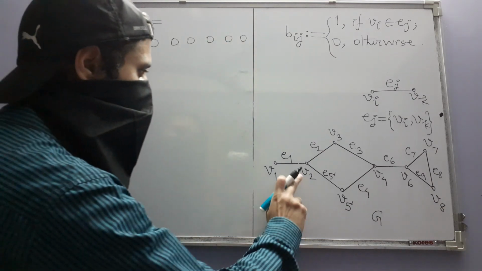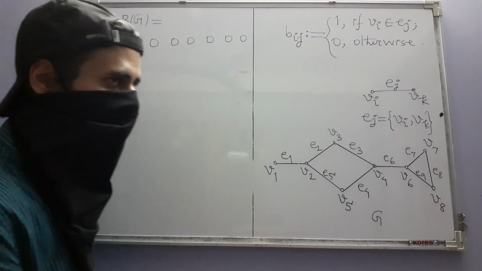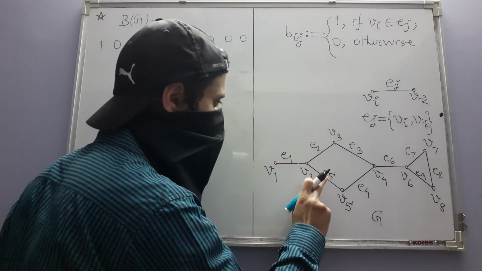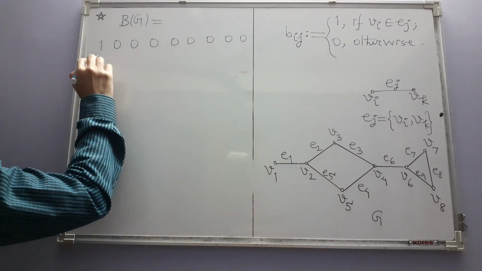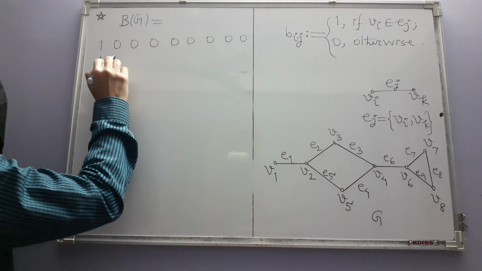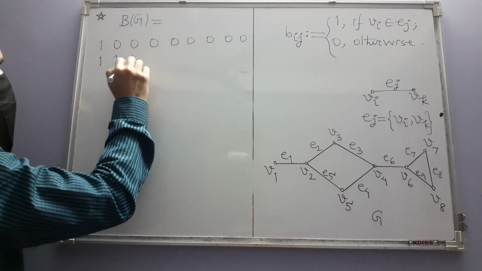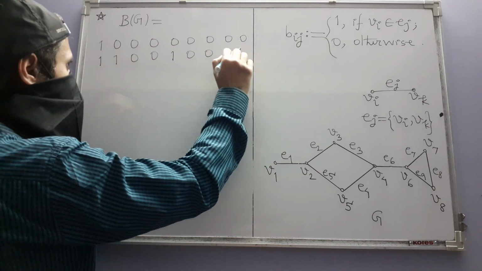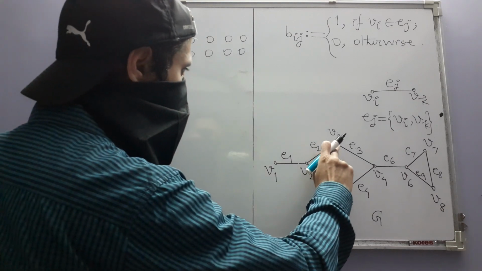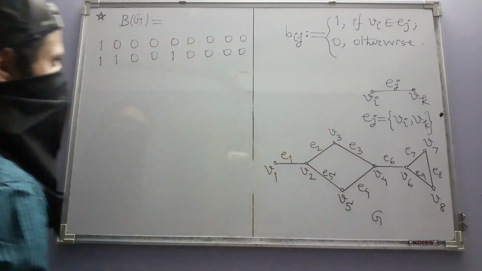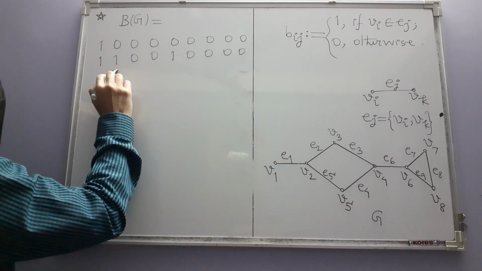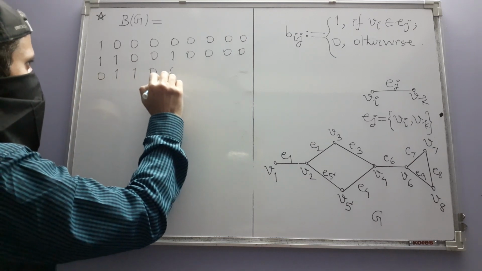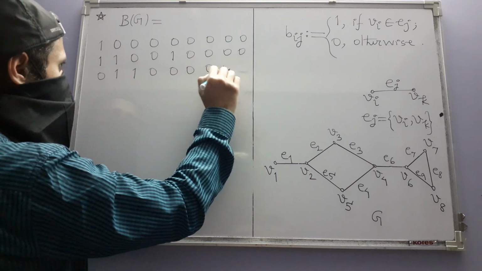Okay. What about V2? V2 is incident with the first edge, second edge, and fifth edge. So 1, 2, 3, 4, 5. V3 is incident with only the second and third edge. That means only these two entries will be 1, the rest are 0.